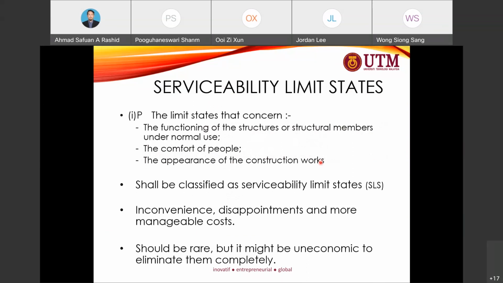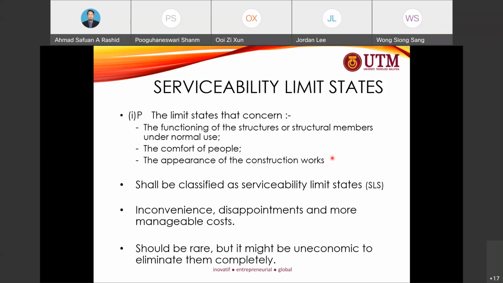So for the serviceability limit state, it is the limit state that concerns the functioning of the structure or structural member under normal use. This is the comfort of people and the appearance of the construction works. It shall be classified as serviceability limit state: inconvenience, disappointment, and more manageable costs.